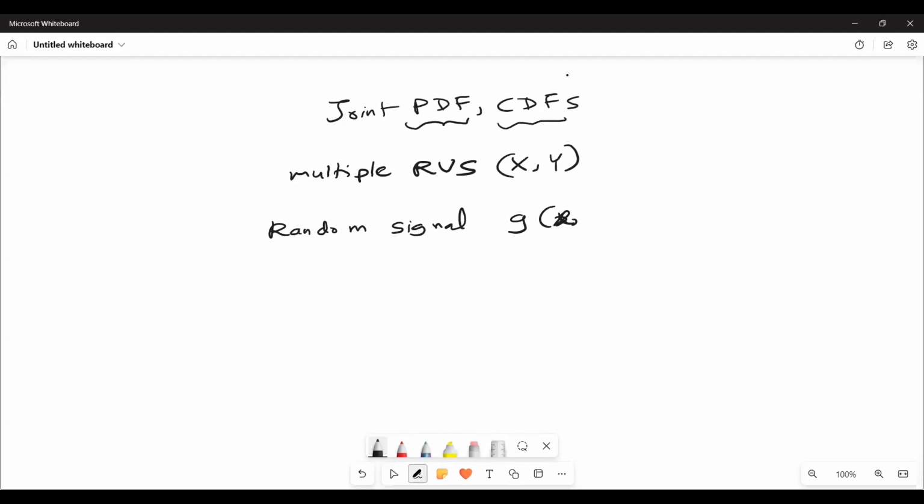The function that defines the random signal is g(X,Y), and I want to find the expectation of that g(X,Y), or I want to find the average value of that signal, right?